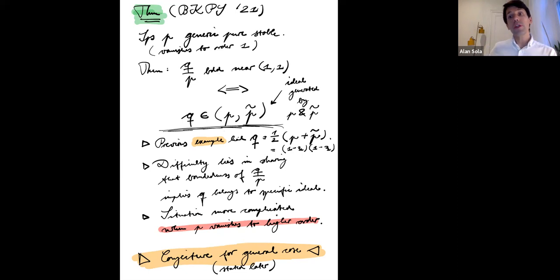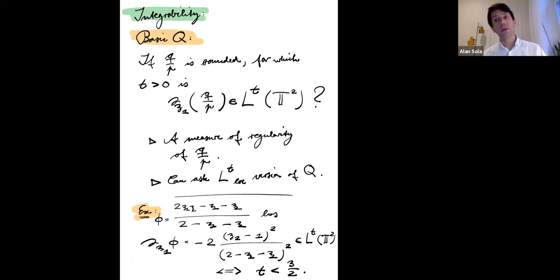So there's an assumption here that the polynomial P vanishes to order 1. The situation is more complicated when P has higher order vanishing, and this can happen, but I'm going to say more about that later on. We do have a conjecture for what happens in the general case. I will state this conjecture later.